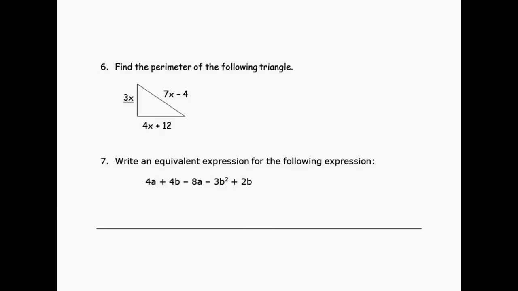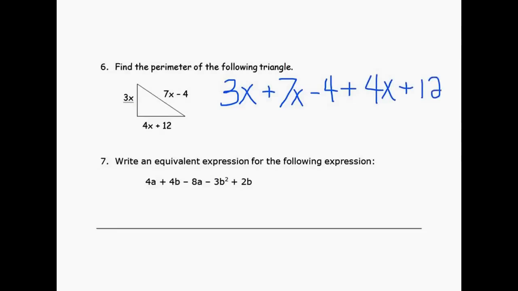So when we do this, we're going to use what they've told us the sides are. So we've got 3x, that's one of our sides, plus we have 7x minus 4, that's another one of our sides, plus we have 4x plus 12. So now we can go ahead and start combining our like terms.